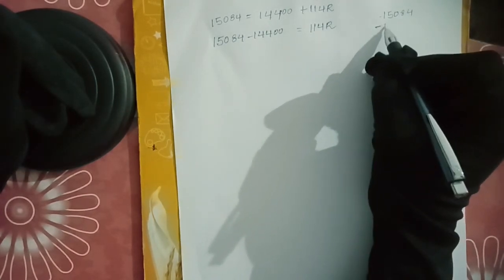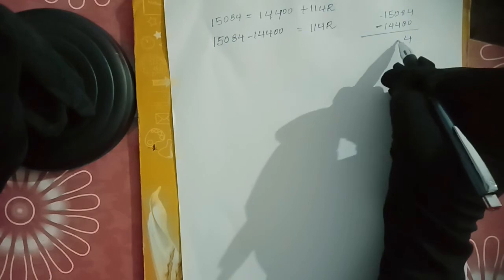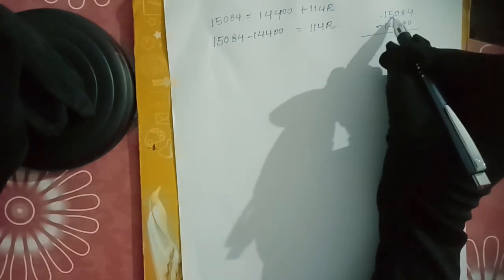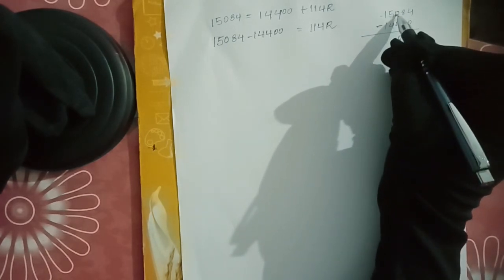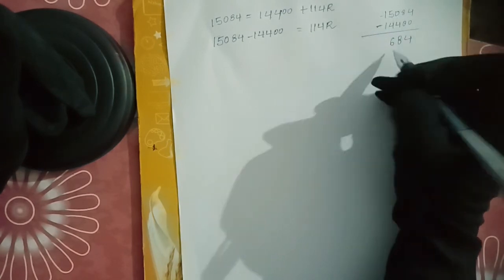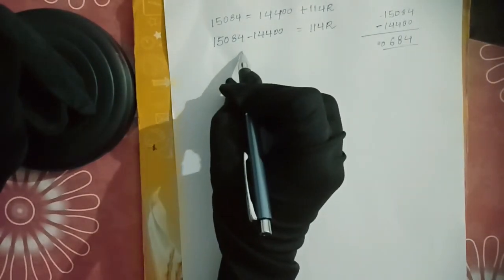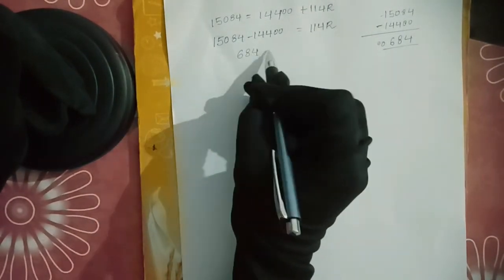15084 minus 14400. So 4 minus 0 is 0, 8 minus 0 is 8. Here 10 minus 4 is 6 and 4 minus 4 is 0 and 0. So the answer we've got is 684, and here it is 114R.